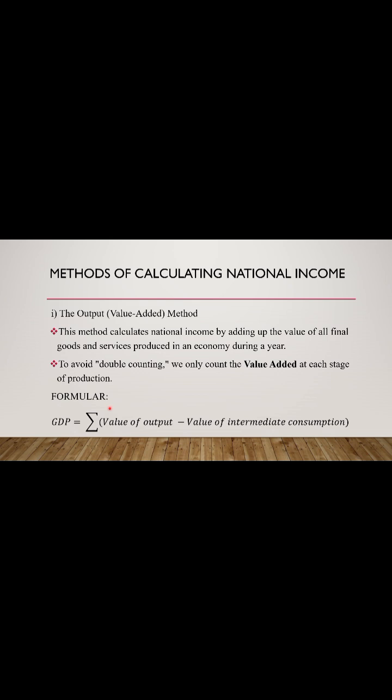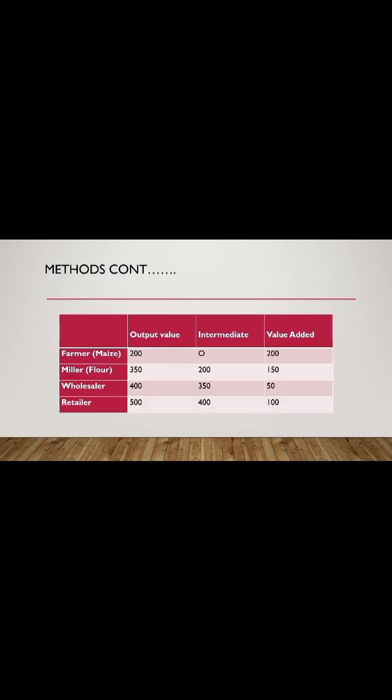Under this method, we have the formula GDP equals the summation of value of output minus value of intermediate consumption. Here we have the example as follows. Assume a farmer sells maize to a miller for 200, the miller sells the maize to a wholesaler for 400, and the retailer sells to a consumer for 500.